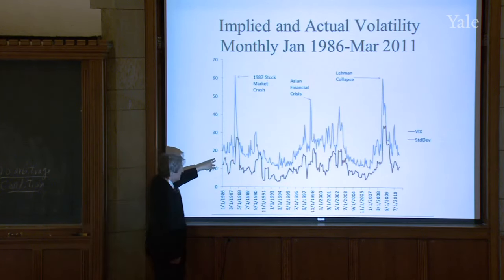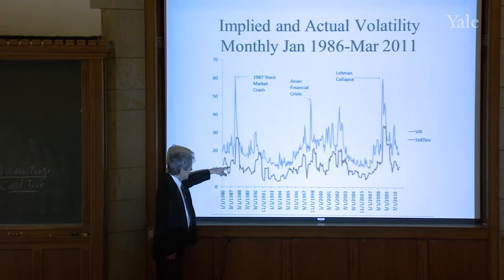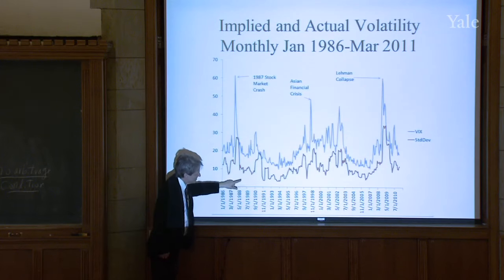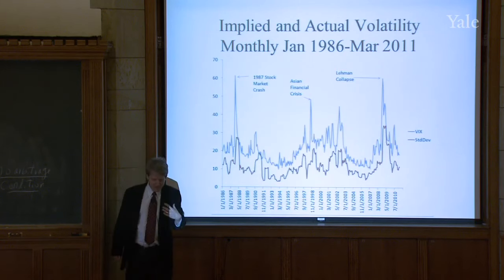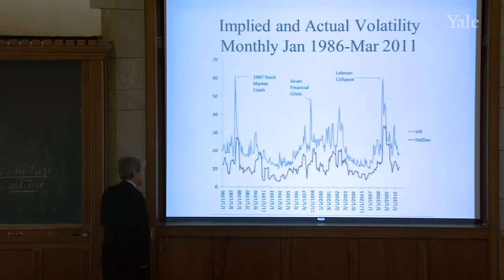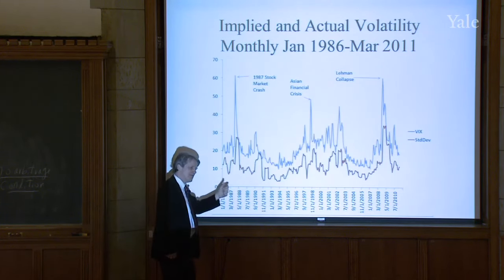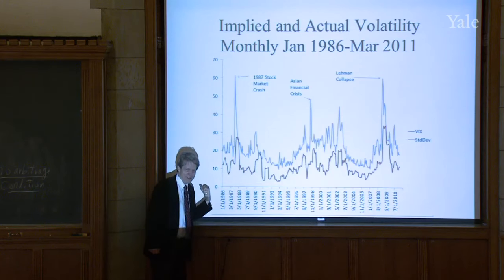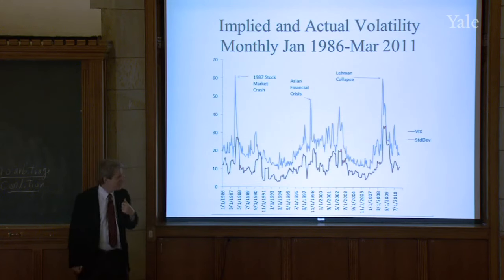Now, the blue line is from the Chicago Board Options Exchange. What I calculated myself, the orange line, is the standard deviation of actual stock prices over the preceding year of monthly changes, annualized. That's actual volatility, but it's actual past volatility. Let's make it clear what this is.